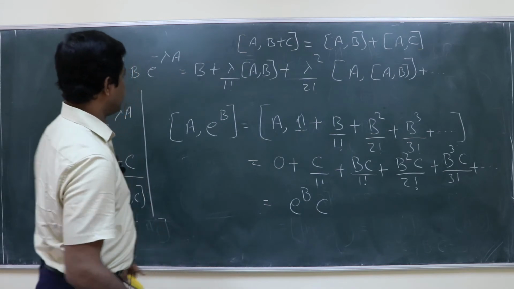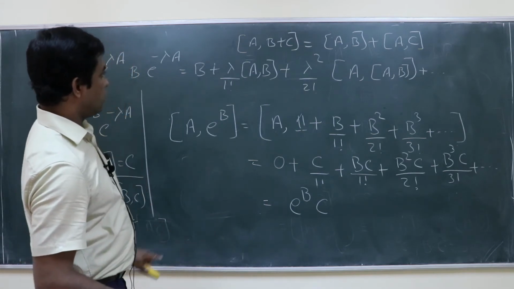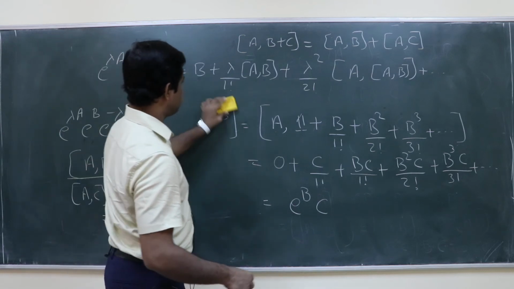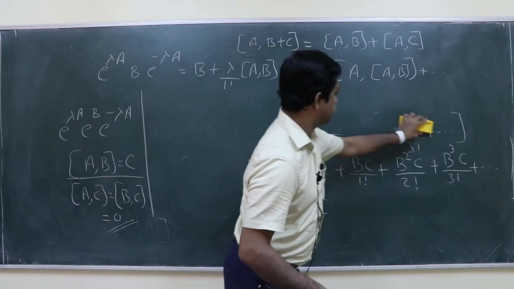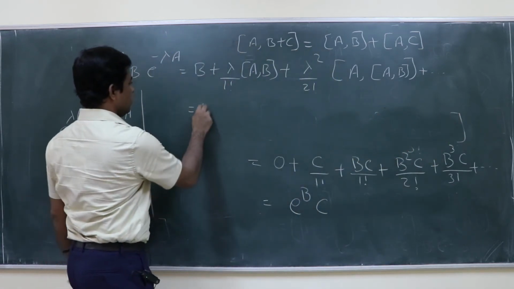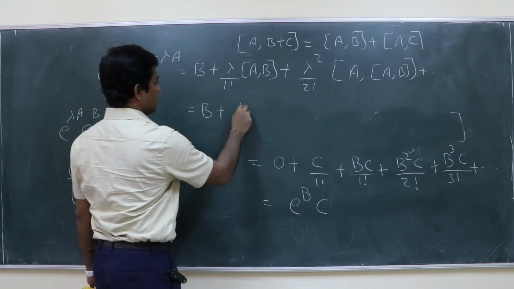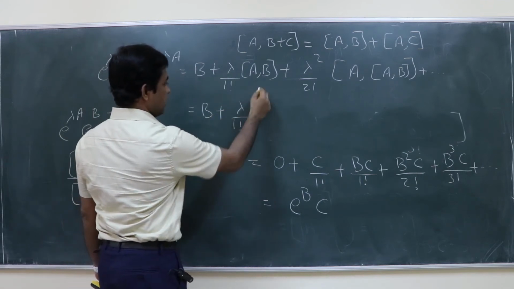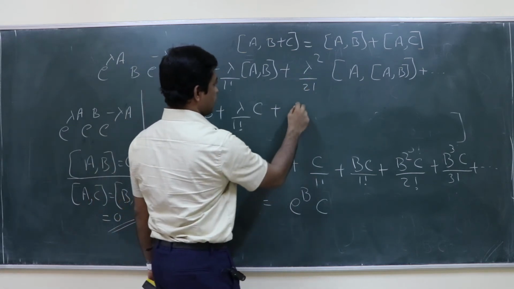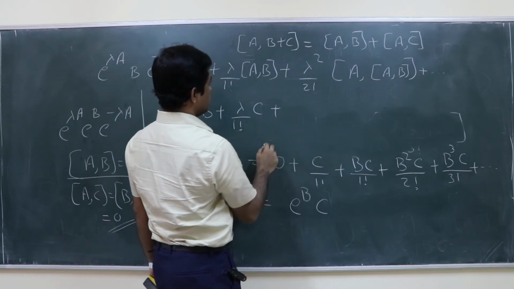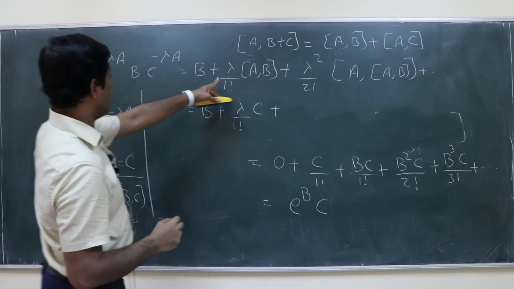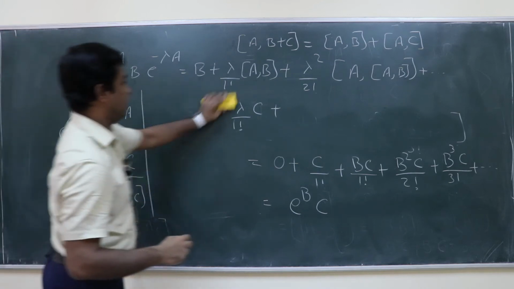So the second term, we have to write down this. Okay, so this one I will remove. So this is b plus lambda by 1 factorial, a with b is c. This is the second term only we have done here. Which term have we done now?